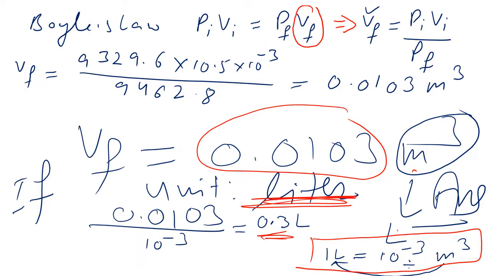Now Vf equal to, put the value of the pressure Pi, 9329.6, and the volume which is given to us, 10.5 into 10 to the power minus 3, divided by the Pf, 9462.8. When you calculate this, the value of the Vf will come 0.0103 meter cube.